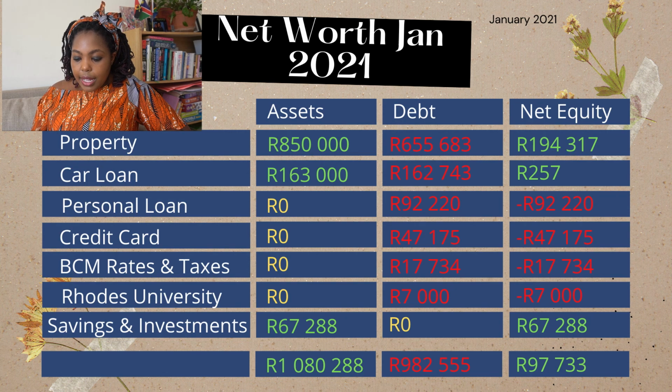Okay, so now I take the 194,317 and add 257, subtract 92,220, subtract 47,175, and then subtract 17,734, and then subtract 7,000, add 67,288, and my net worth therefore stands at 97,733.